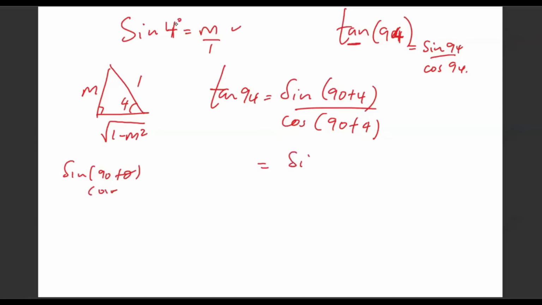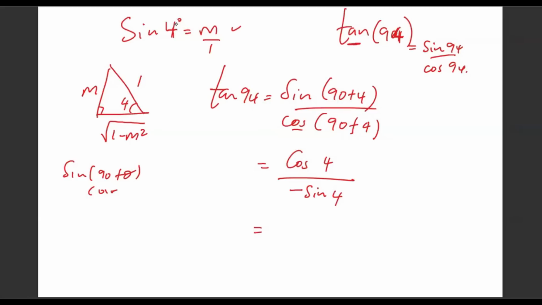So that's going to be the cos of 4 over cos of 90 plus 4, which is going to give me a negative sine of 4.